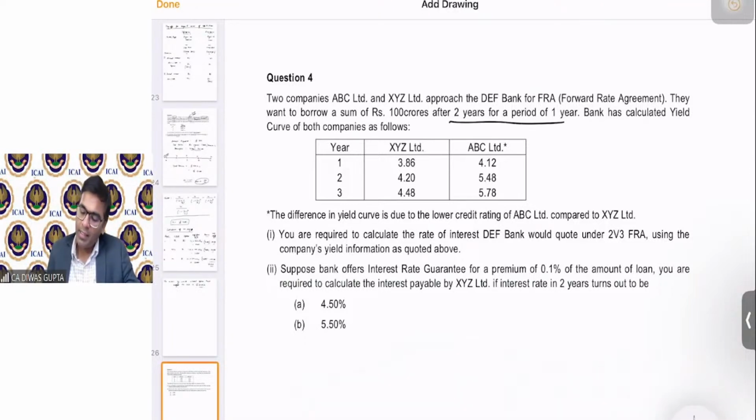Come on, students, tell me, how will you denote this FRA? Period is 1 year, but it has to be borrowed after 2 years. How will you denote this? FRA dash into dash.